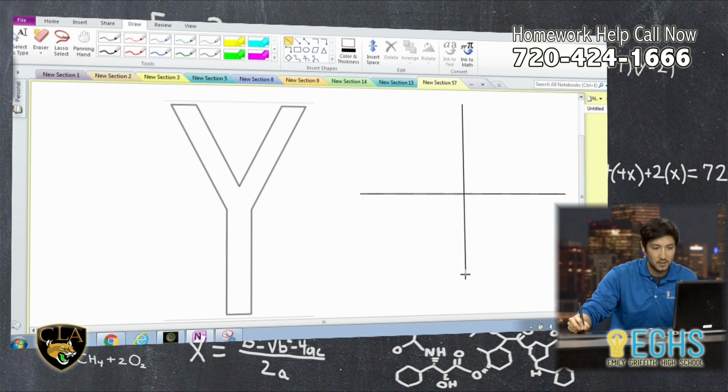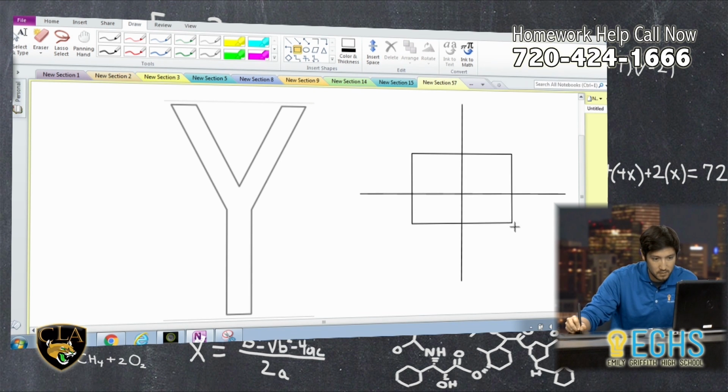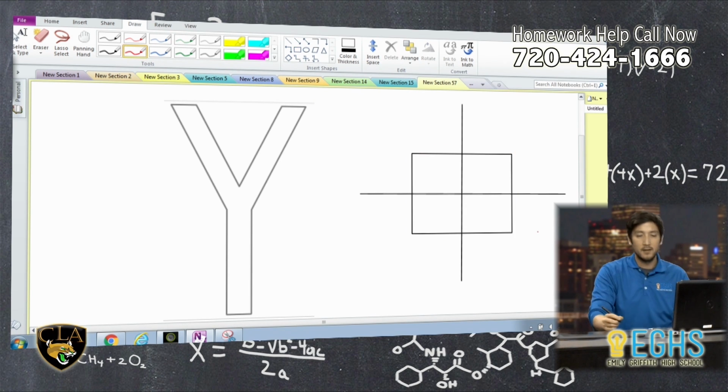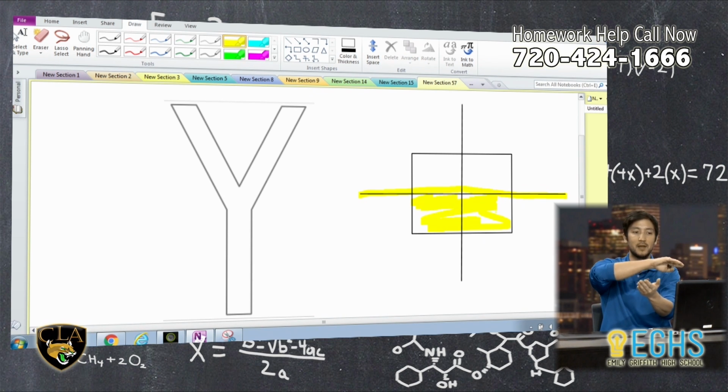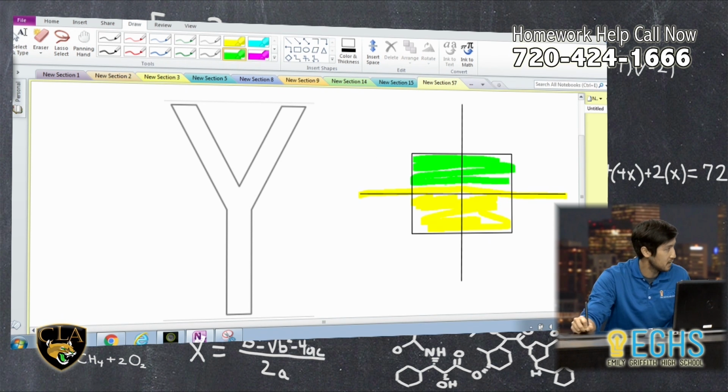If inside of here I drew a rectangle, imagine that you cut this side out and fold it, like taking a mirror, flipping it over that line and replacing the other side. Would it look exactly the same or not? In this case, it would.